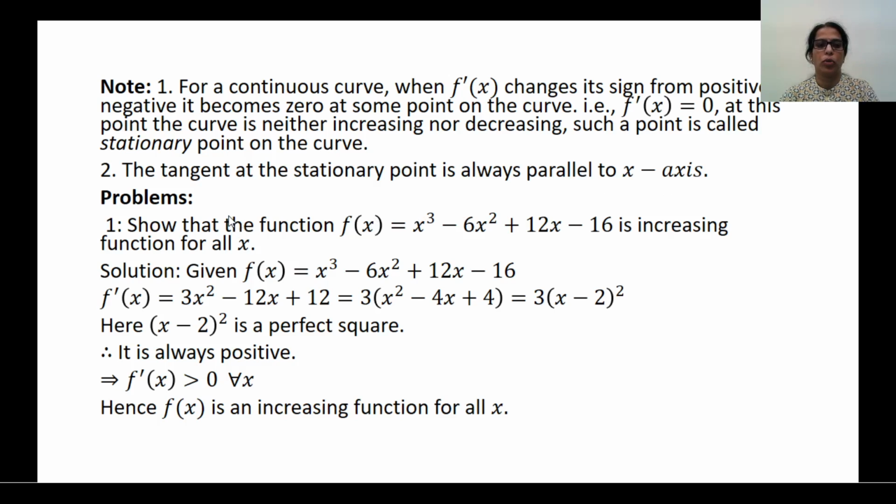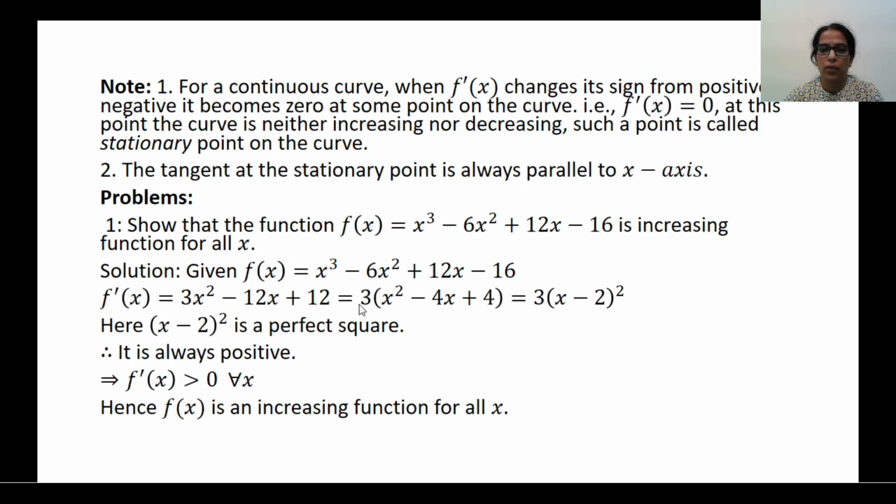We shall solve some problems on this increasing and decreasing function. First one, show that the function f of x equal to x cube minus 6x square plus 12x minus 16 is an increasing function for all x. So consider the given function. Now differentiate the given function with respect to x, that is f dash of x equal to 3x square minus 12x plus 12.